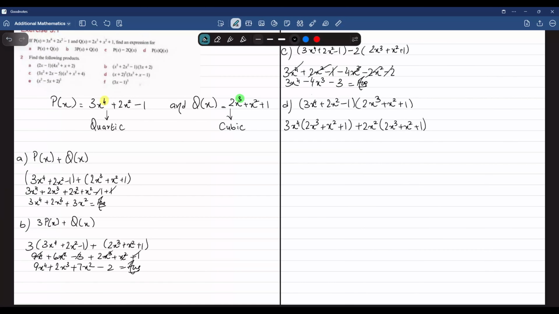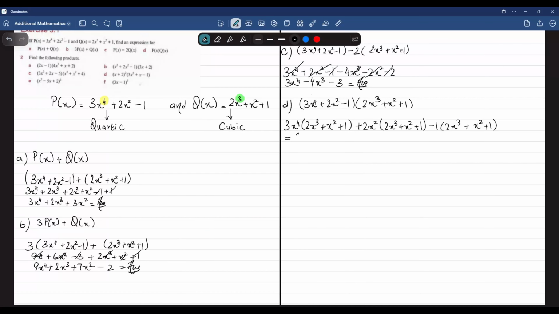And then minus 1 multiplied by 2x cubed plus x squared plus 1. And now we basically have to simplify this. I know it's kind of hard, but there's no other method that I know of in O-level AddMaths that should be able to solve this. So that's your only option.